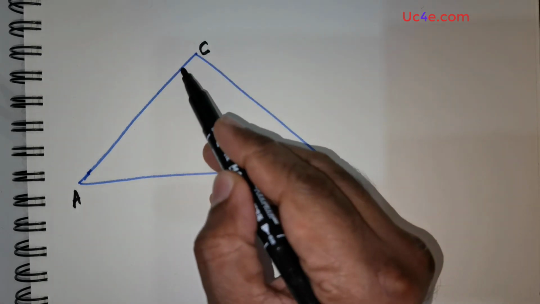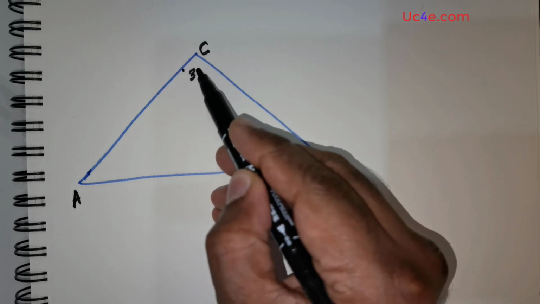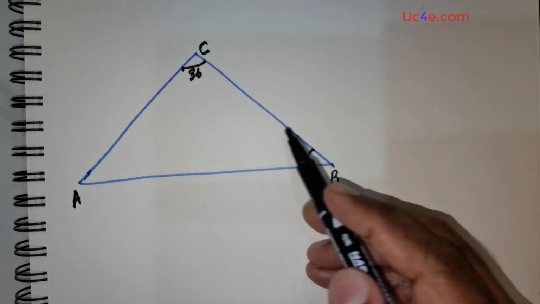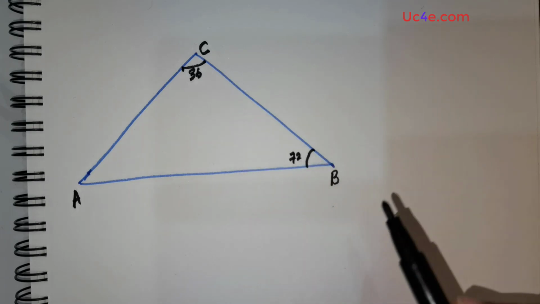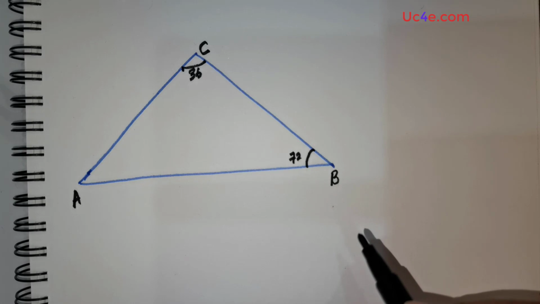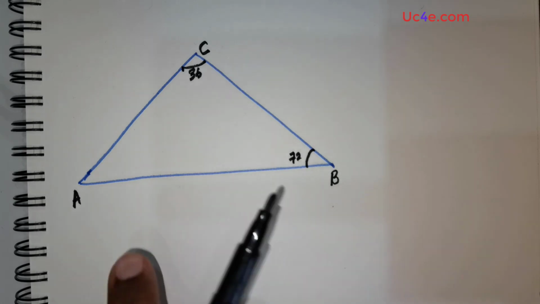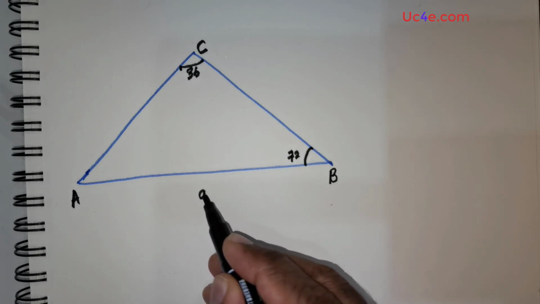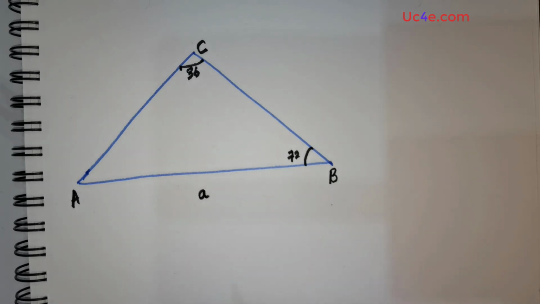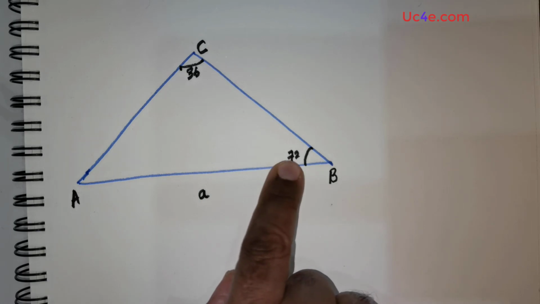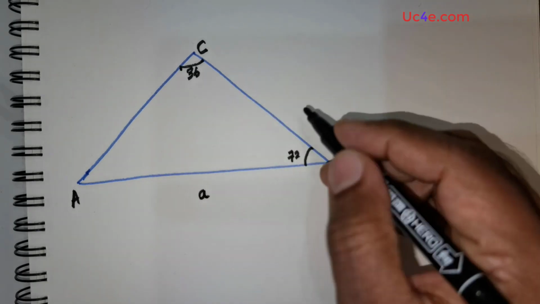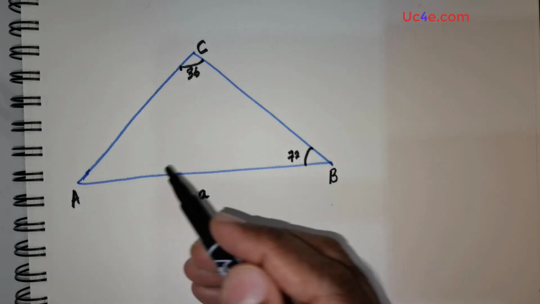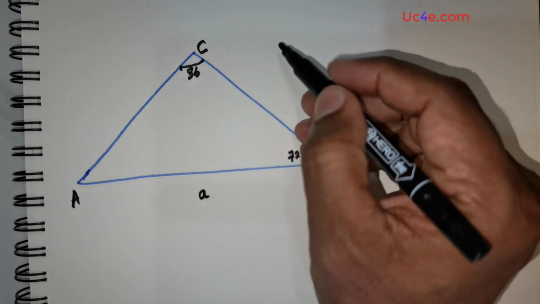Now let me take one of these angles as 36. So this is going to be 36, and I'm just taking it as 36 and 72. Now what I wish to do is, I would like to take this entire side as sum A. Now you got 72 here, you got 36, you add it up to get the angle of this side, because the sum of the angles should amount to 180.